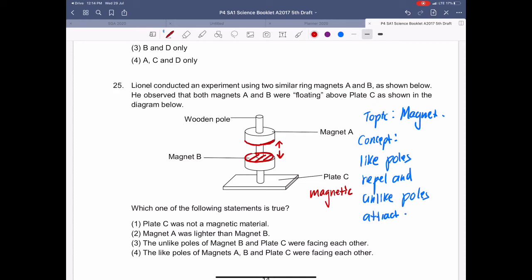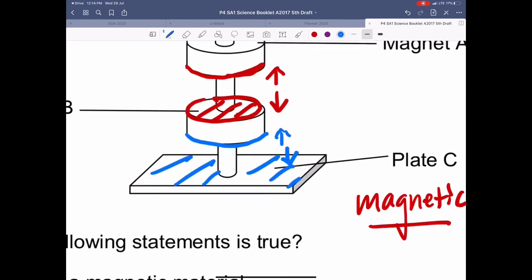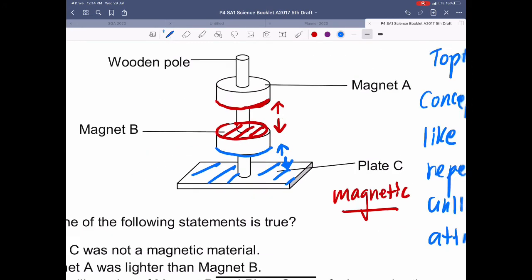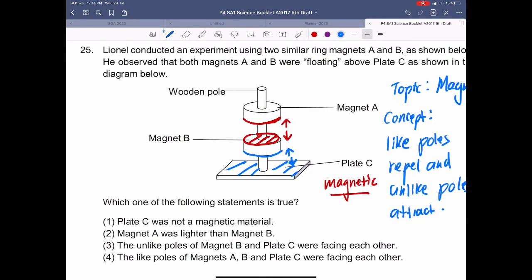Why? Because only when plate C is magnetic can it actually cause your magnet B to float as well. That means this surface and this plate here, they are like poles, and what happens is they will also push against each other. They will repel. So because they are like poles, they will repel each other, causing your magnet B to float.